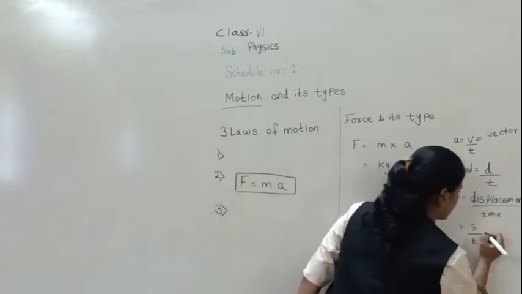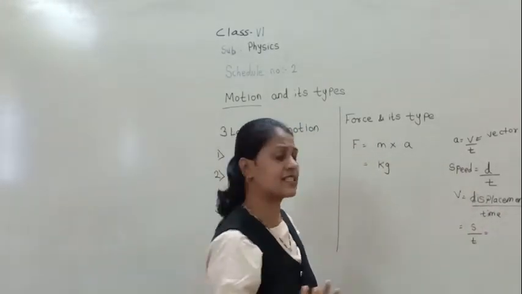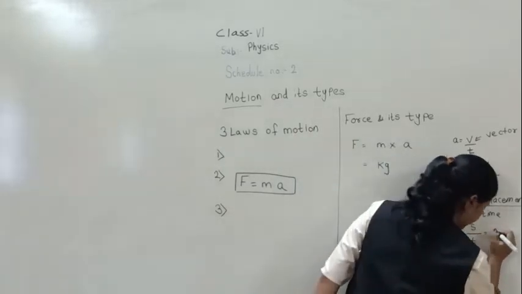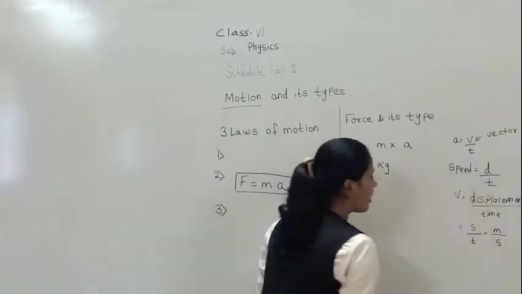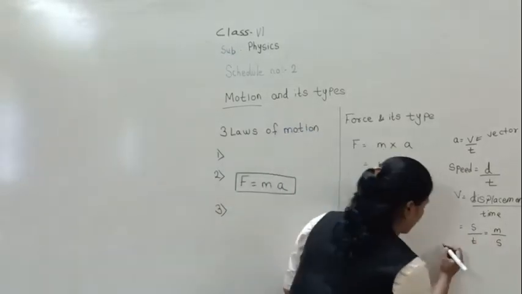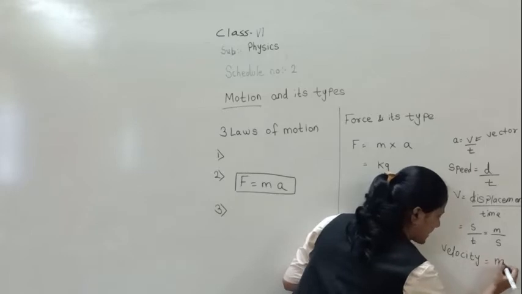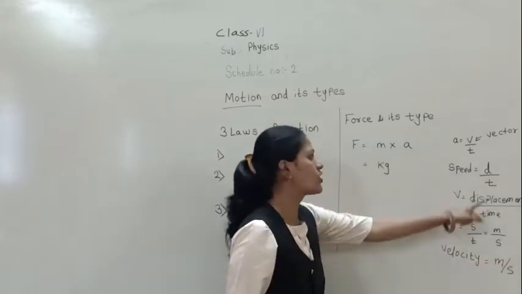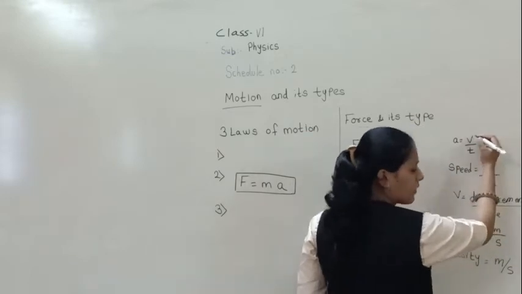Now what is the SI unit of distance? Yes, meter, that is m. And time is measured in seconds. So the SI unit of velocity is meter per second. Now you know acceleration is velocity upon time.